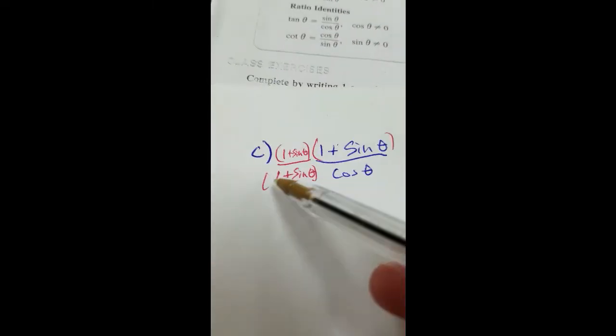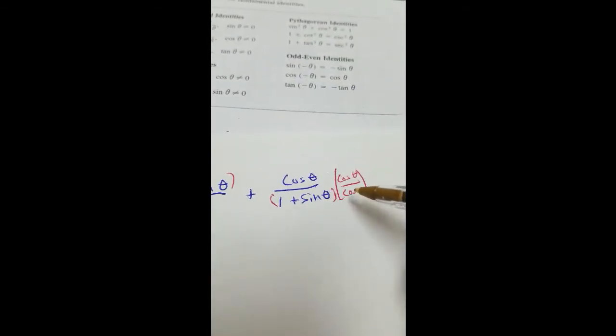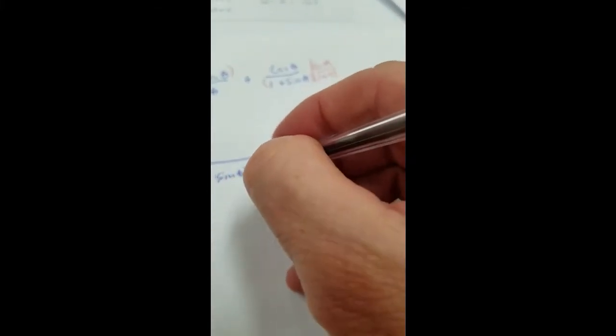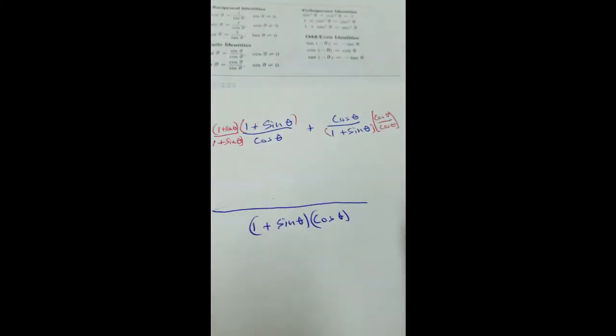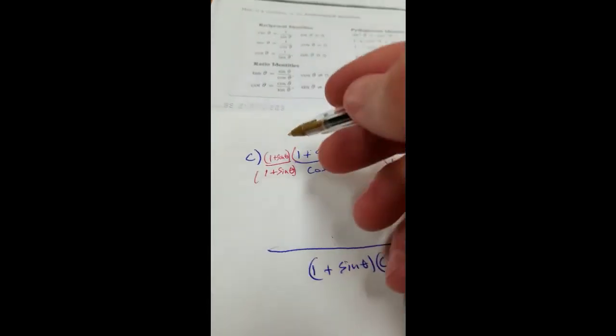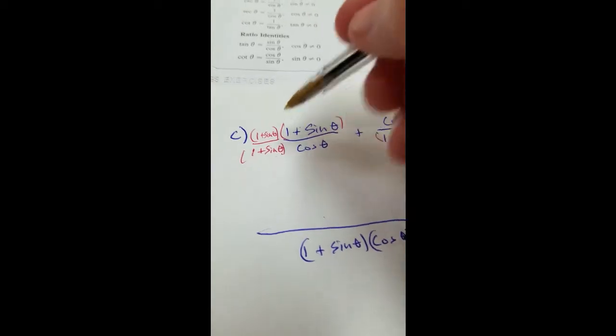Before I sort out the top, my denominator is 1 plus sine times cosine, and 1 plus sine times cosine. I've got a common denominator now, and that common denominator is 1 plus sine theta times cosine of theta.